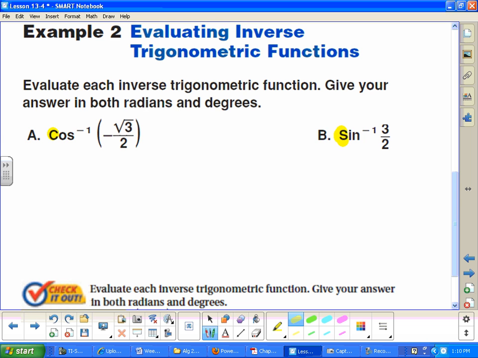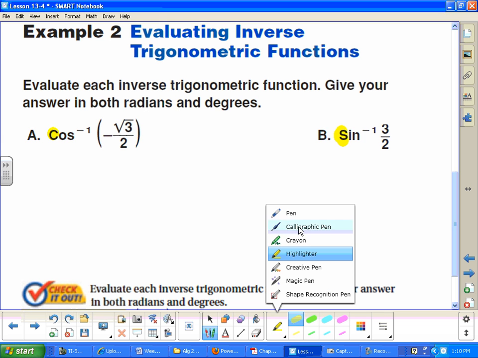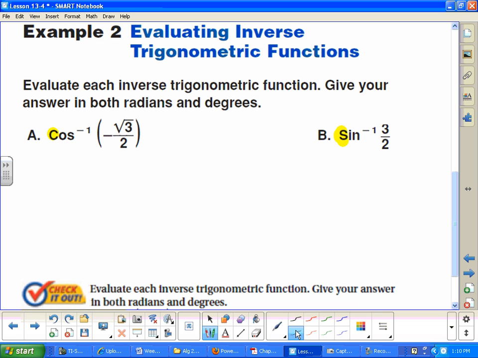So this says inverse cosine, which means I'm restricted to the top half of the unit circle, from 0 to 180 in degrees, from 0 to pi in radians.